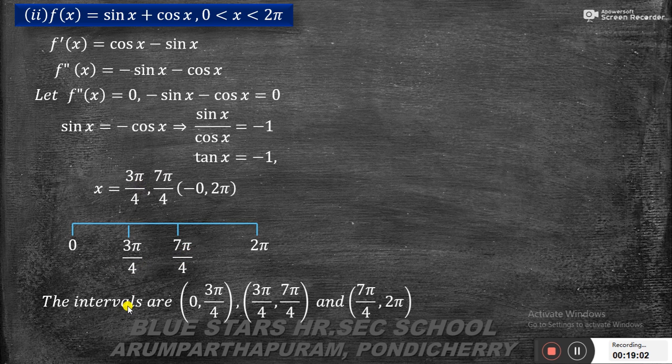So now I make the intervals: 0 comma 3 pi by 4, 3 pi by 4 comma 7 pi by 4, 7 pi by 4 comma 2 pi. So now we found the intervals. From this we tell about the concavity.